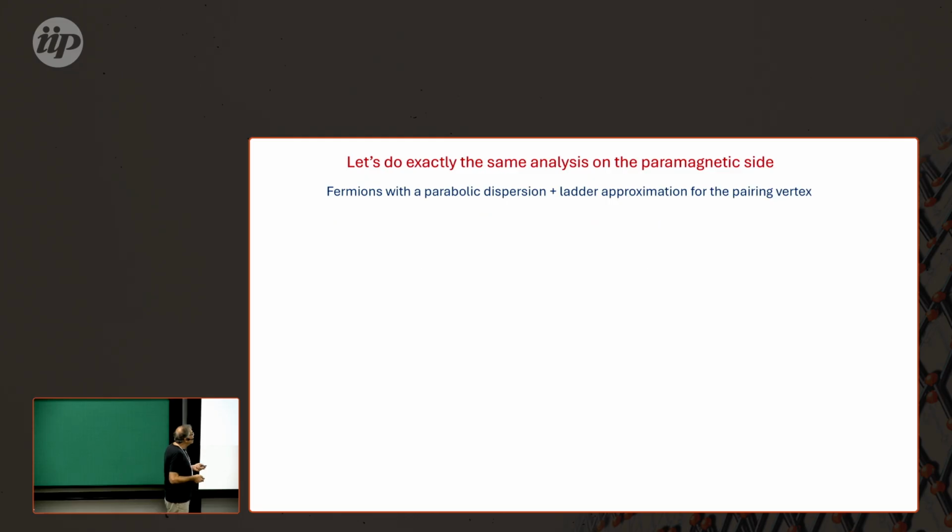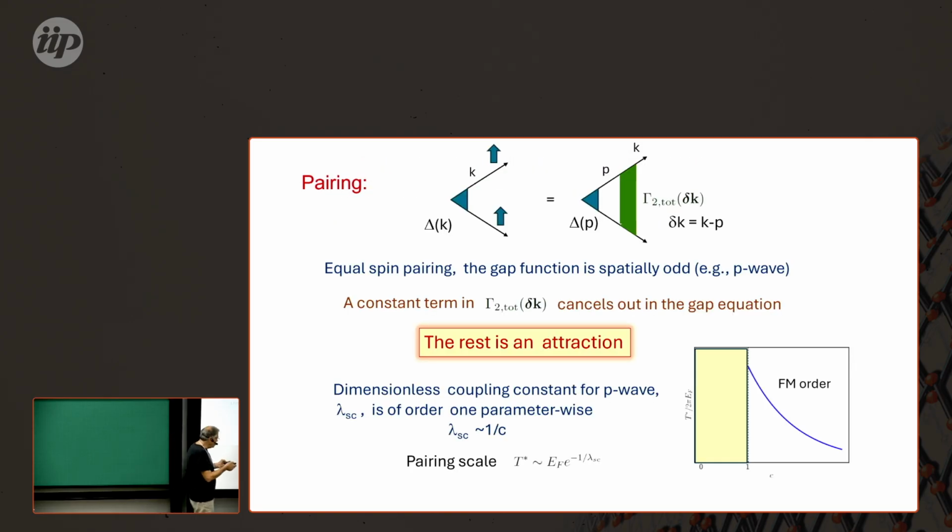This is what I want to show, that if I do it this way, you do get superconductivity inside the ferromagnetically ordered state. And yes, it's enhanced when you approach the ferromagnetic critical point, but it enhances when you approach from this side. So the first quick question is, what happens on the other side?